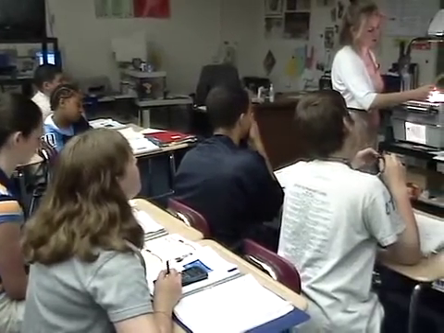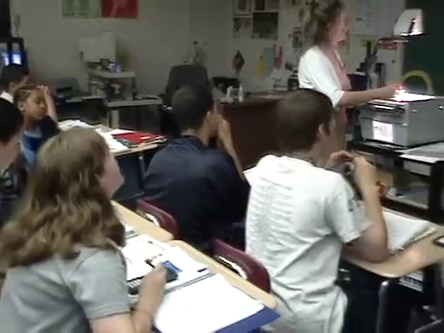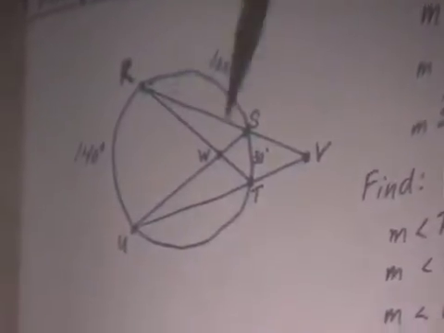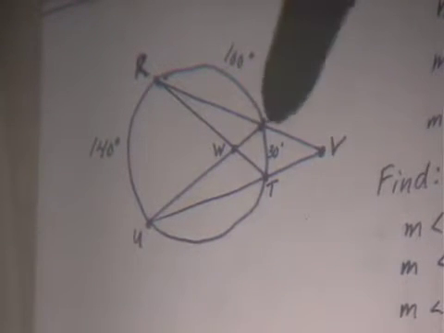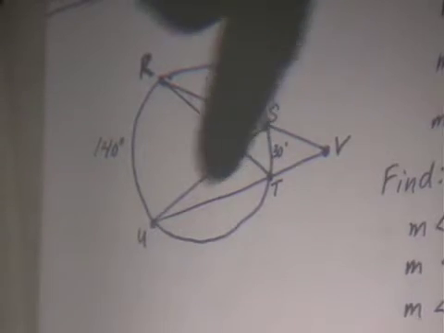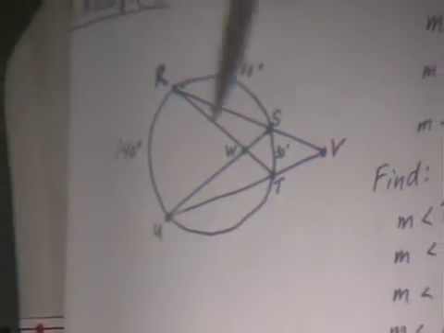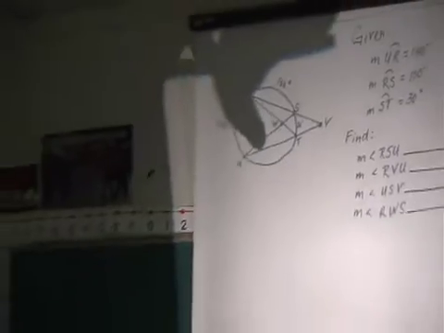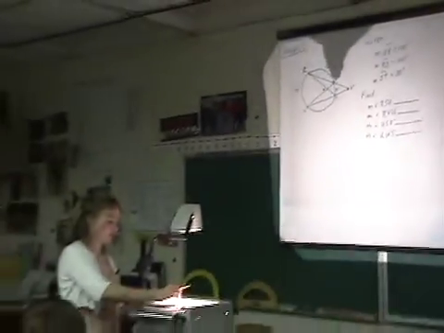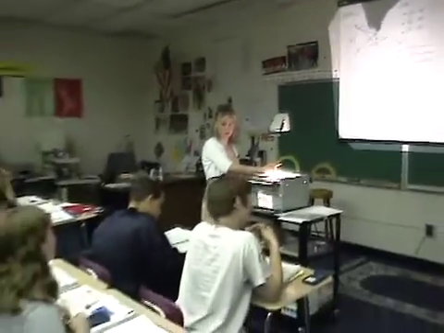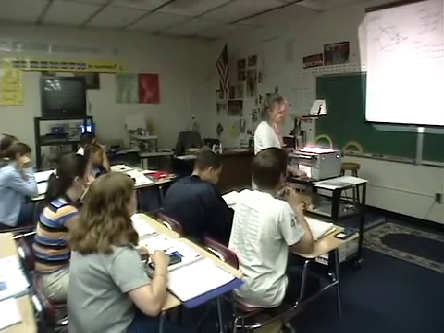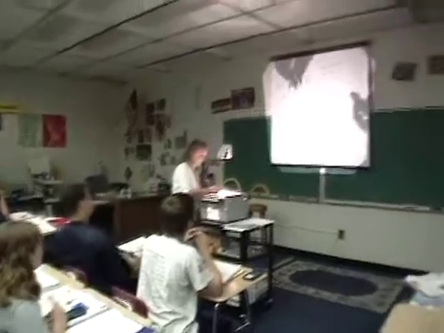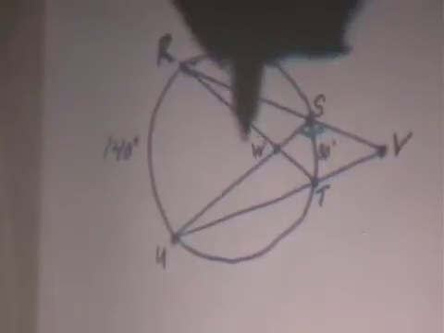And since SUV used the arc intercept theorem, the inscribed angle, to get 15, because it's half. So far we have 55 and 15, and I added them together and got 70. So I did 180 minus 70 and got 110. So she ended up with 110 for this angle by doing triangle sum.